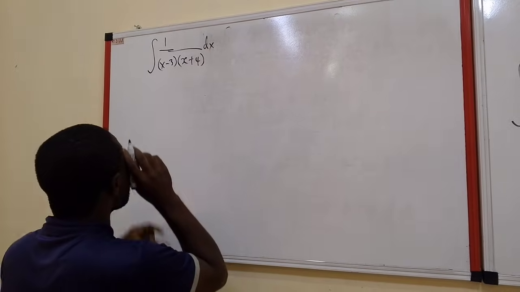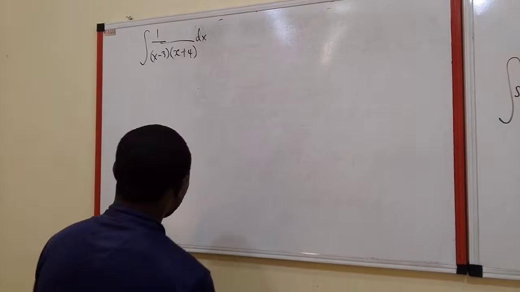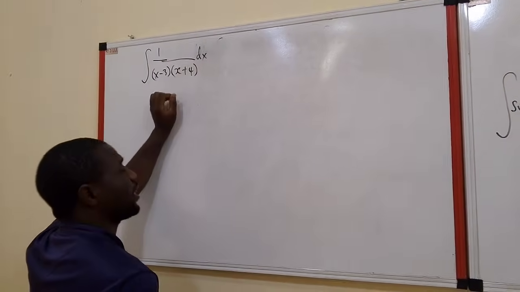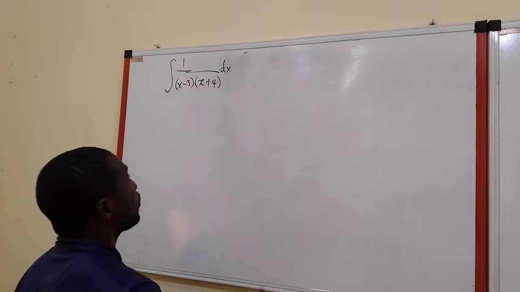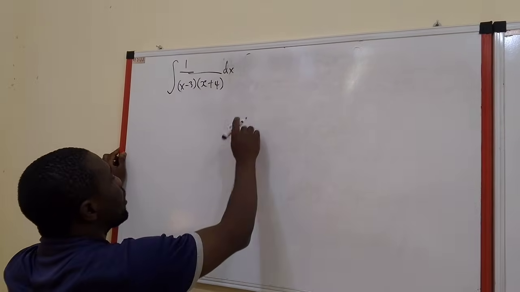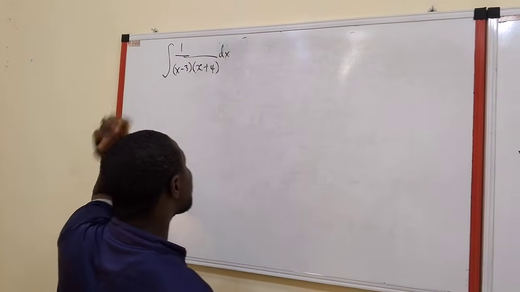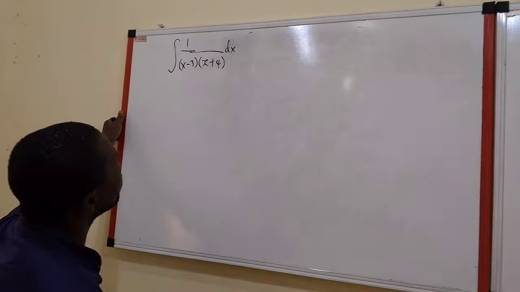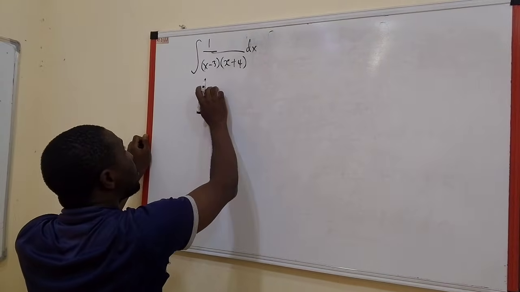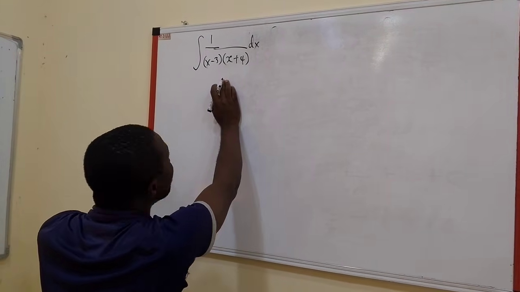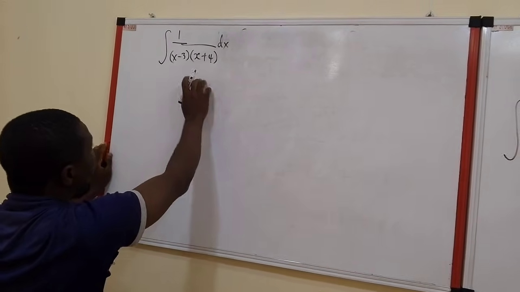The first thing is, we are asked to integrate this partial fraction. So we are going to do something to this partial fraction. Recall, in your first semester you learned how to decompose, to find the various components of a partial fraction.